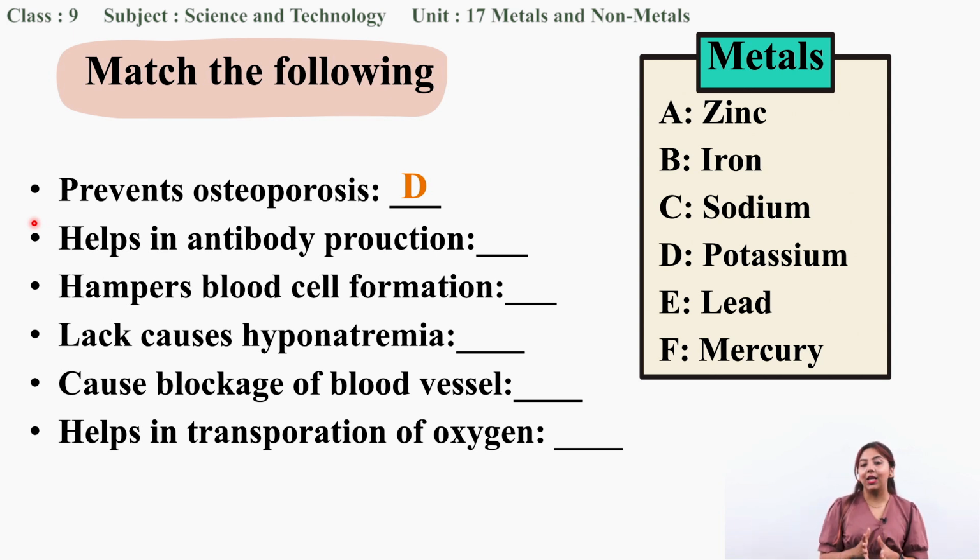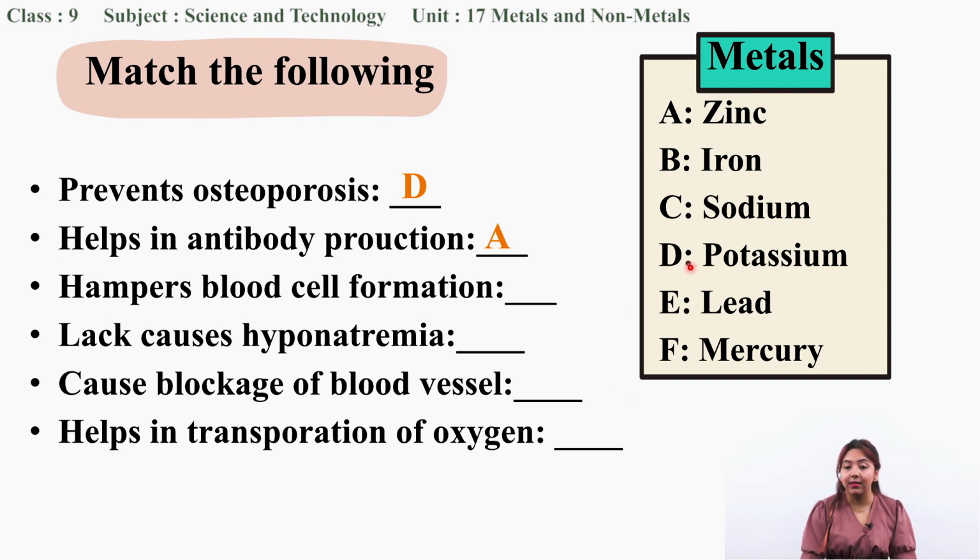Now, which metal helps in antibody production? Yes, it's zinc. Since zinc helps in antibody production, it improves the immunity of our body. Now, which metal hampers blood cell formation?